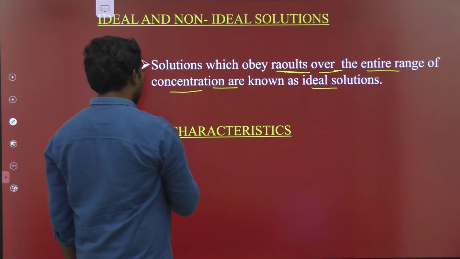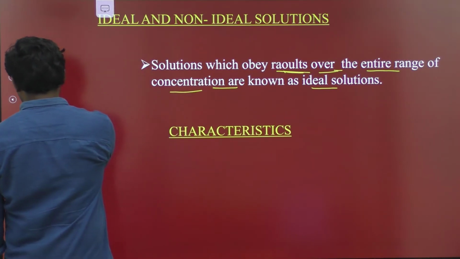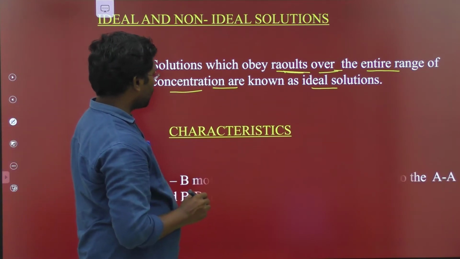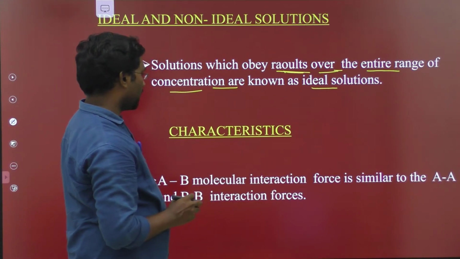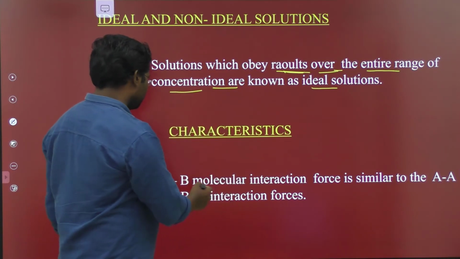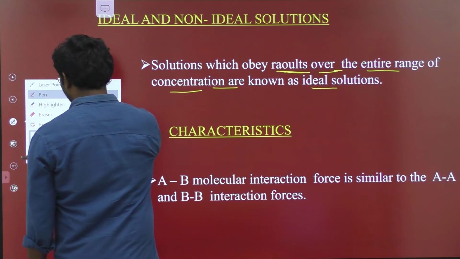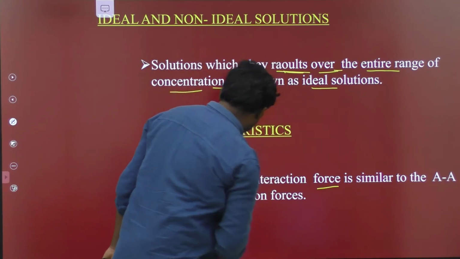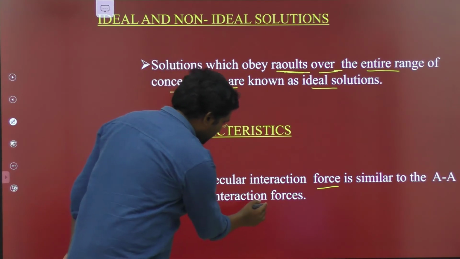So look at the characteristics. What are the characteristics of an ideal solution? The first characteristic is that the A-B molecular interaction forces are similar to the A-A and B-B interaction forces.